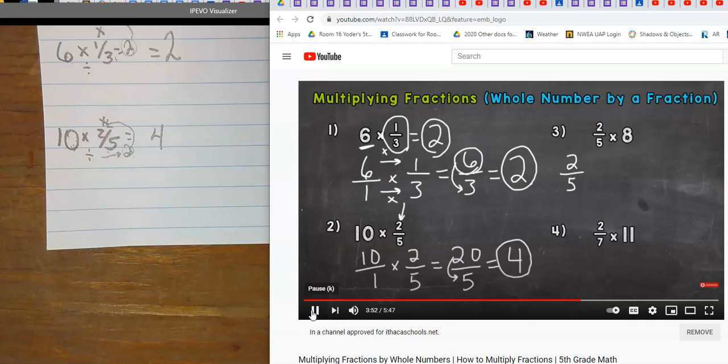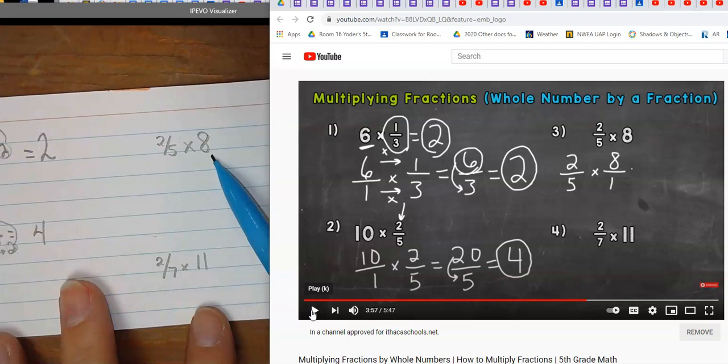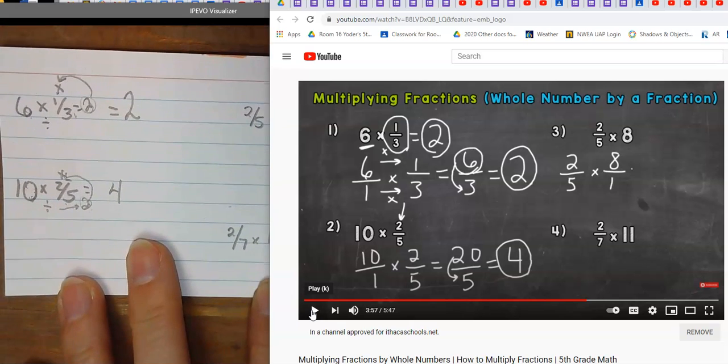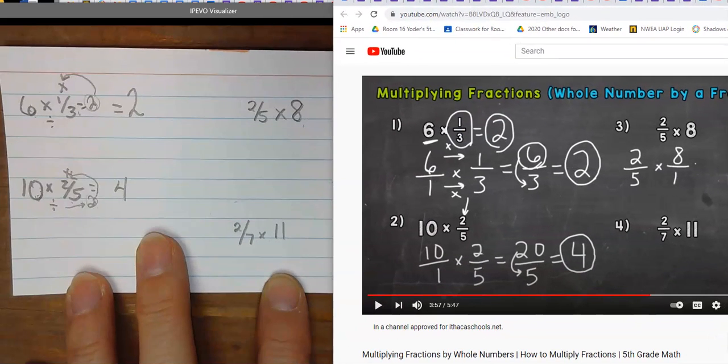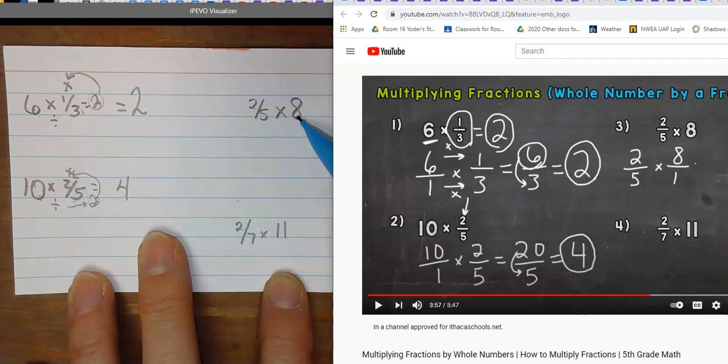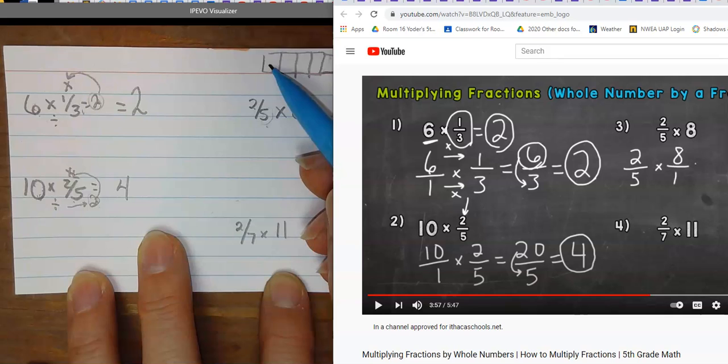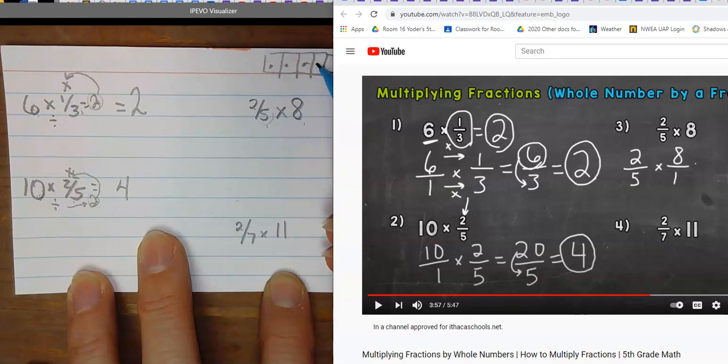Let's go to number 3. 2/5 times, put 8 over 1, so we have a top and a bottom. Now, why can't I show you this one the way I've been showing you the others? Well, if you look here, can I take 8 and divide it evenly among 5 sections? There's no way I can put my 8 pieces equally among the 5.